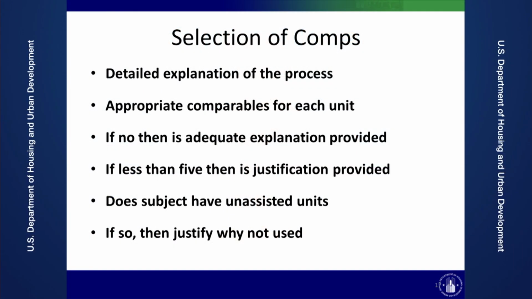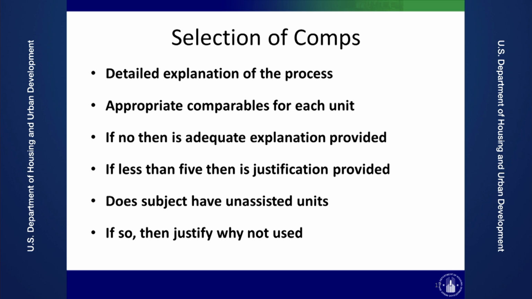If the answer is no, then what's the explanation that the appraiser would have provided, and is there justification for not selecting appropriate comps? If there are less than 5 comparables selected, then is there justification provided?